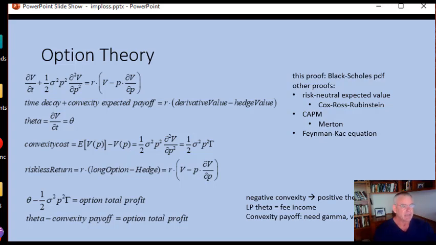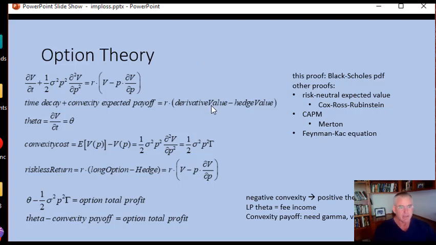And in equilibrium, let's just say this is going to be equal to the riskless cost of putting on the position, because we assume if it takes $100 to put on the position, you have to pay for the $100, or it has an opportunity cost in equilibrium.